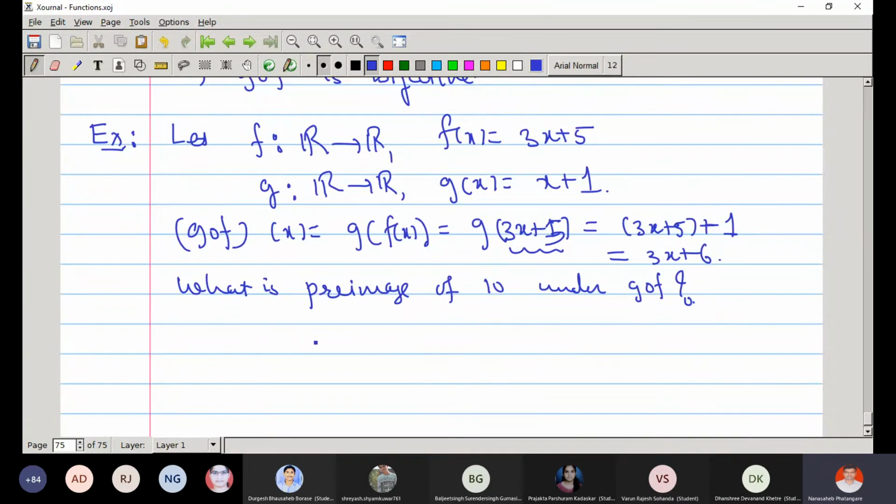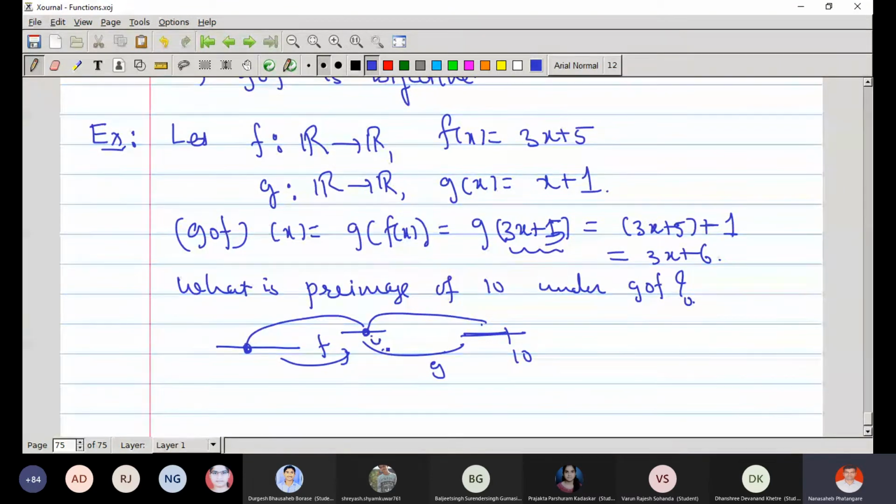Now I want to produce the preimage under G composite F. So what will I do? Here is the domain of F, here the codomain of F, and here G and the codomain of G, and 10 is here. So how to produce the preimage under a composite function? I will produce the preimage here, and then I will produce the preimage here. That will be the correct preimage.